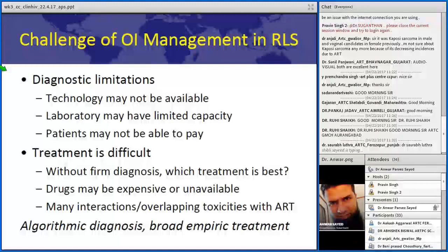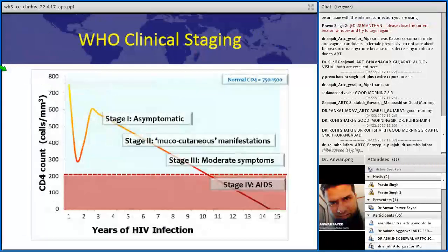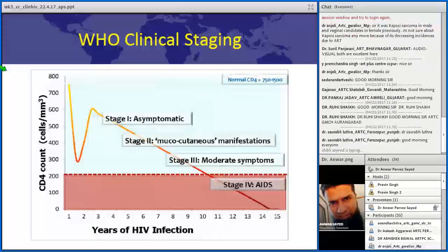So algorithmic diagnosis and broad empiric treatment is the solution in such scenarios where you are not able to diagnose. So for example, if you take example of esophageal candidiasis, you don't actually take swab or esophageal sample to confirm if it is esophageal candidiasis, and then you don't do that.